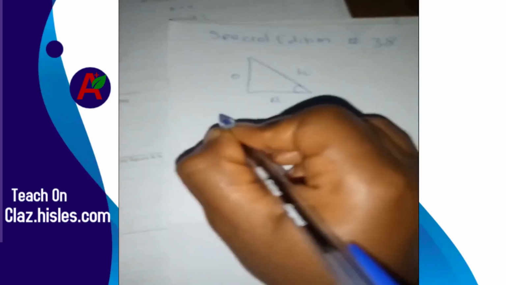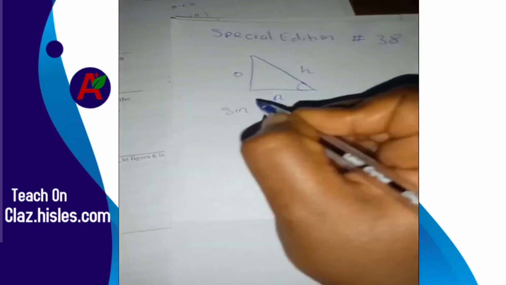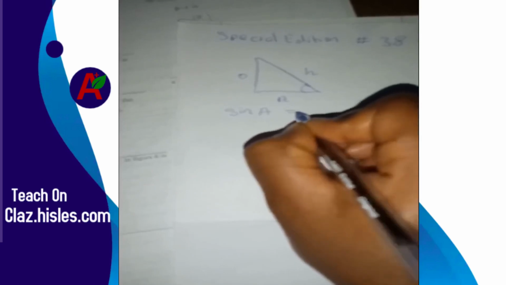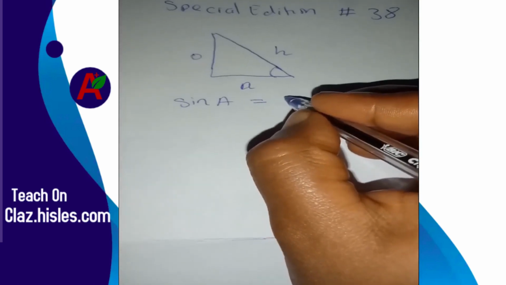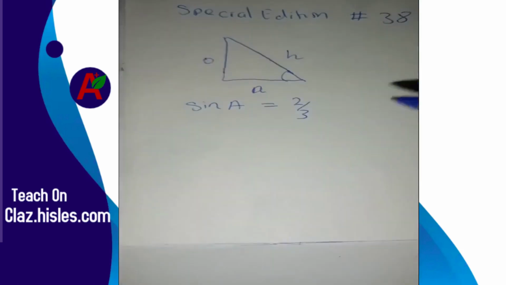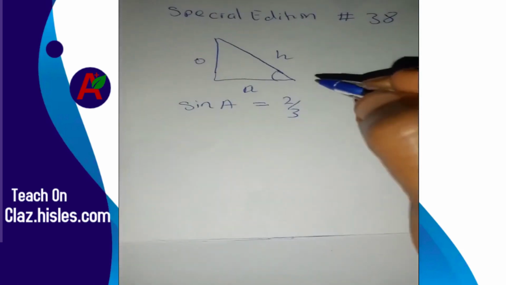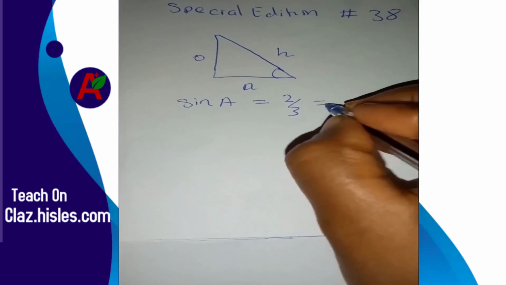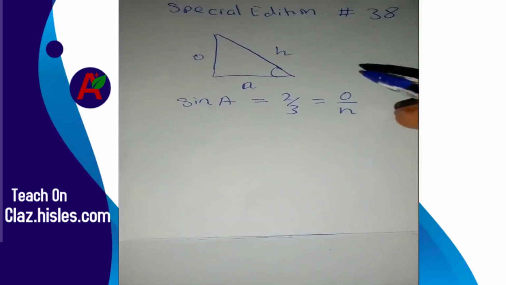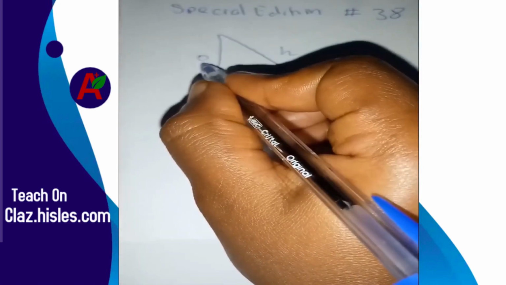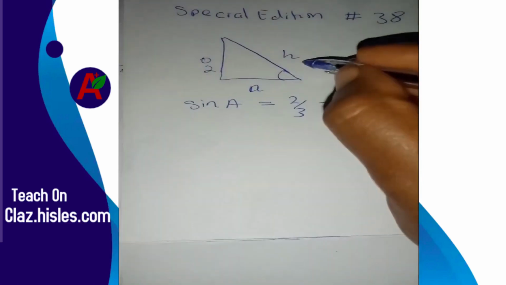We have been given sine A, which is known to be 2 on 3. Sine A is always the opposite over the hypotenuse, so this is 2 and this is 3.